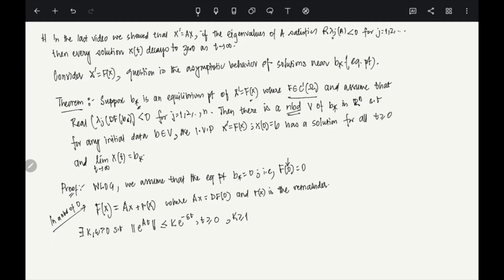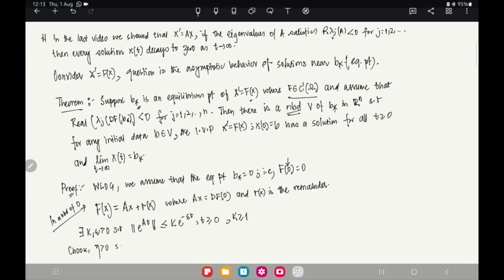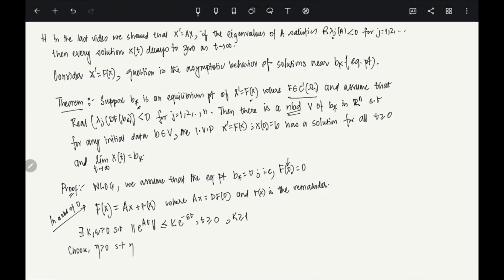Now I'm going to do a little technical jargon. We choose eta positive such that eta is less than epsilon by k. I hope you understand the idea of the proof. The idea is very easy. I want some property of a nonlinear system near an equilibrium point.